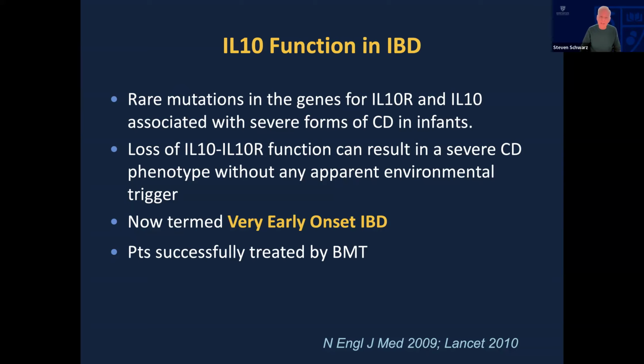The loss of IL-10, IL-10R function results in severe disease, and these infants do not have an apparent environmental trigger, unlike patients who develop IBD at a later age. So this is termed very early onset IBD. And this one group of patients, and we'll again talk about that a bit later, may be successfully treated with bone marrow transplantation.